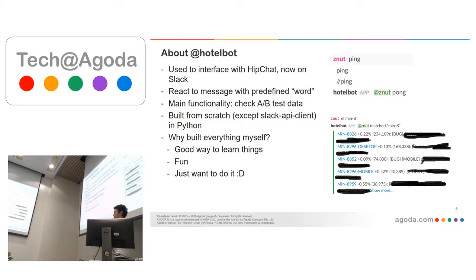At first the bot received commands by mention: I just mention HotelBot, do this for me, and it reacts to the command, and that's it. The main functionality of this bot is the ability to check A/B test data.